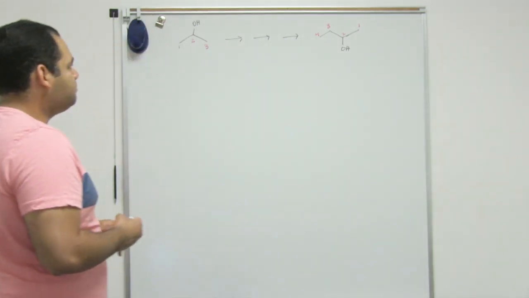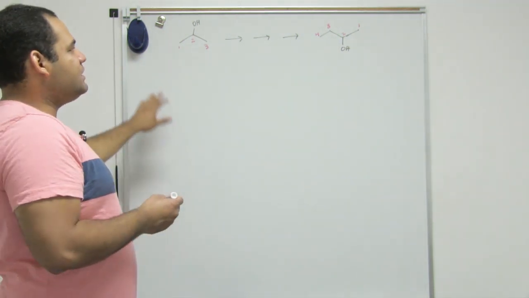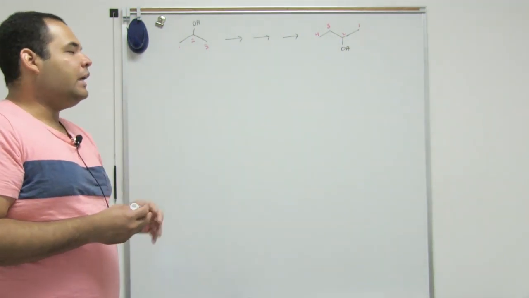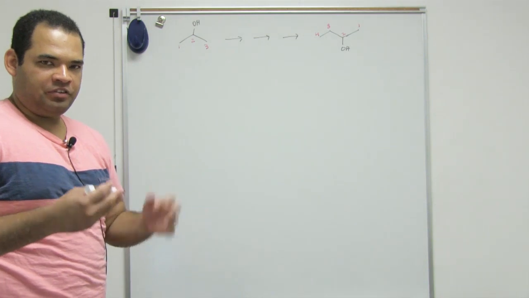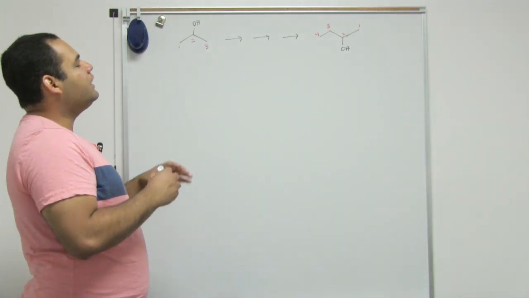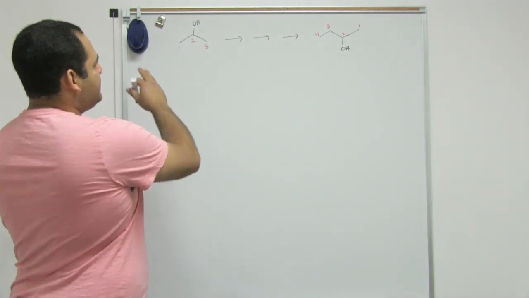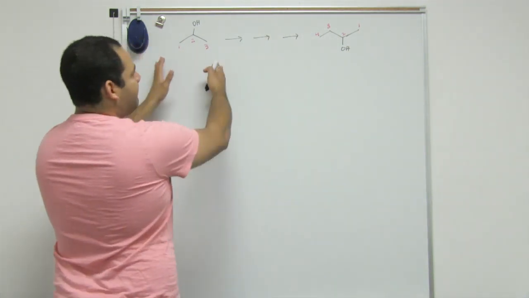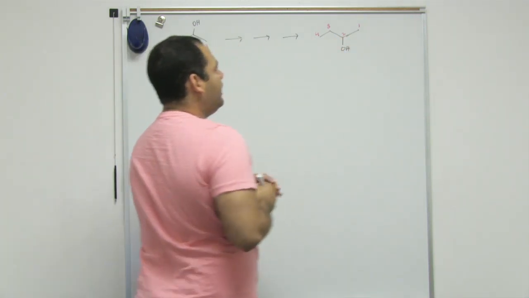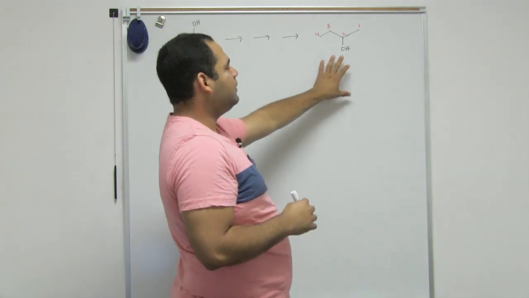I also want to emphasize that even though this is a 352 course, we are still going to need to use a lot of 351 reactions. There is more than one way to synthesize from this secondary alcohol, 2-propanol, to this secondary alcohol, 2-butanol.